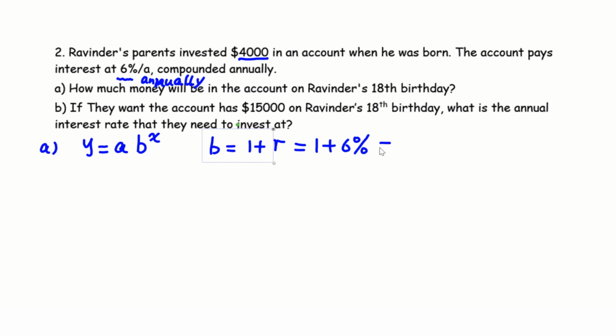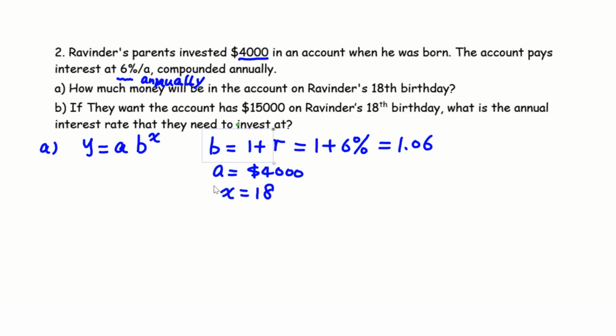It will be 1.06. And the initial value is the very beginning amount of money, which is $4,000. So the X is 18 years.